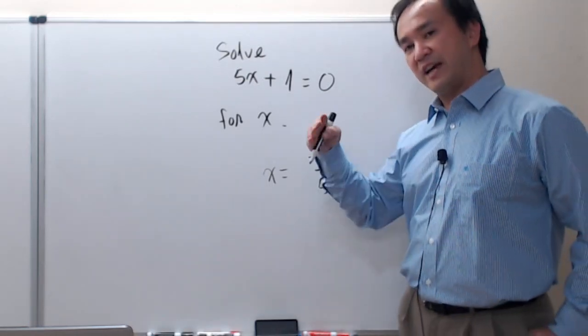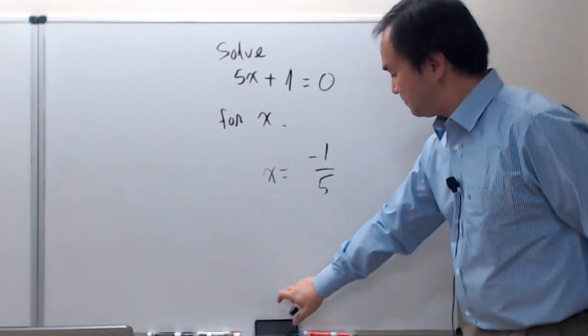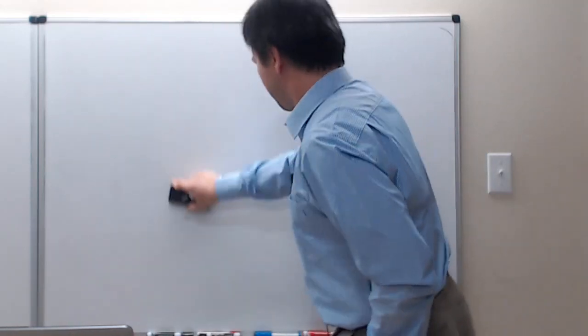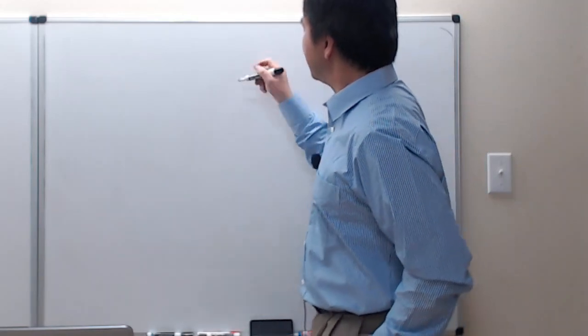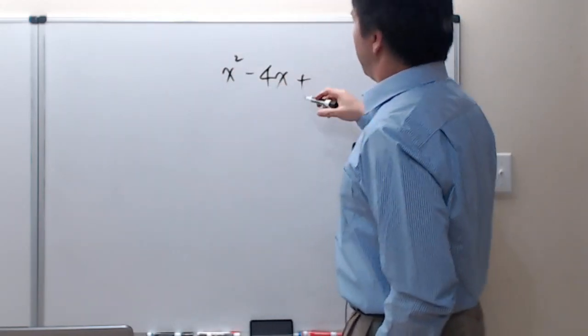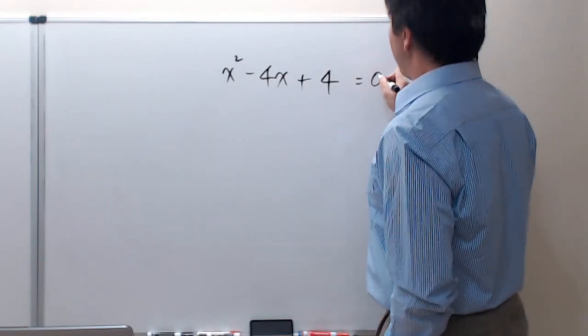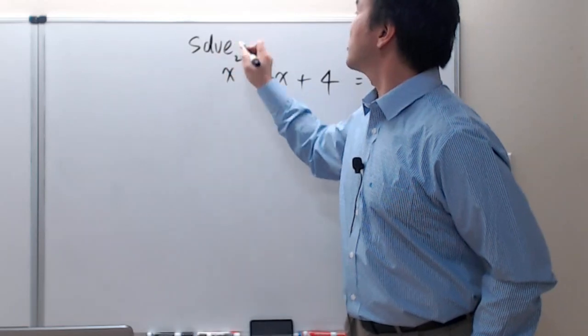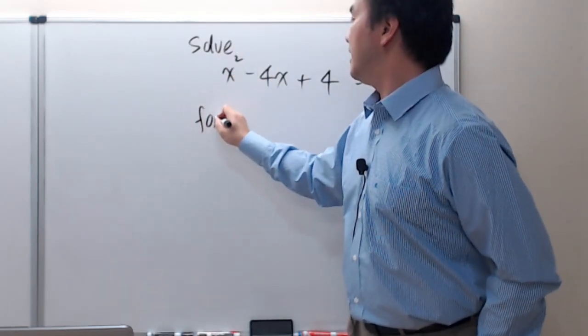And then as we advance a little further into algebra, if anyone brings up an equation like this for us, say x squared minus 4x plus 4 equals 0, for example, and asks us to solve this equation for x again.